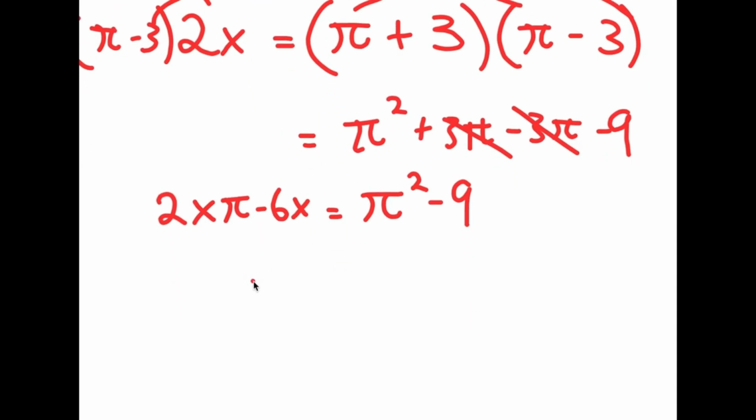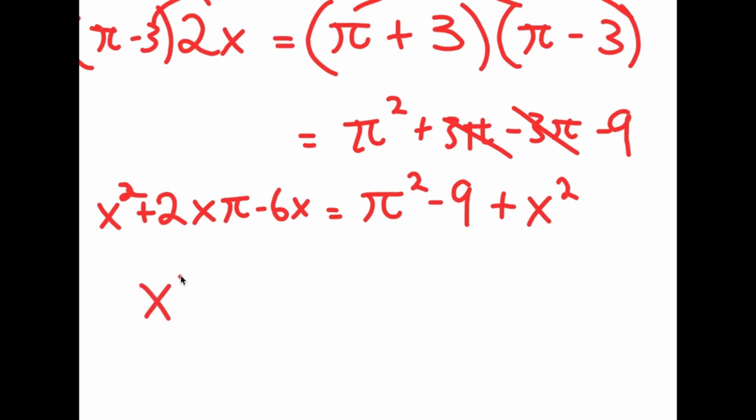And now from here, I'm going to add x squared on both sides. So I have x squared plus 2x pi minus 6x is equal to pi squared minus 9 plus x squared. Let me just reorder this real quick.